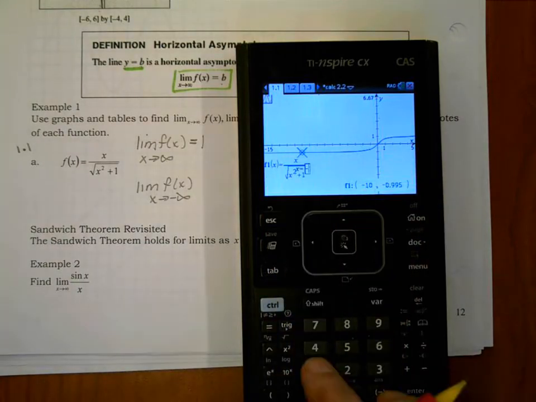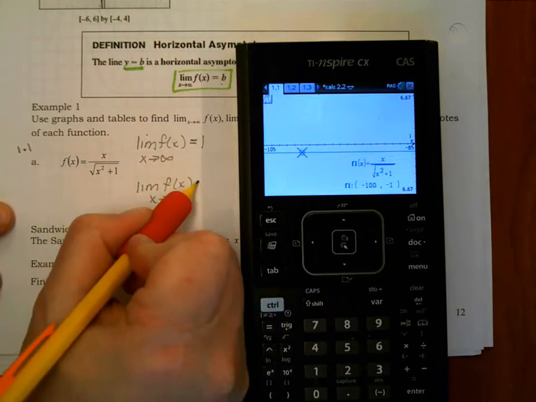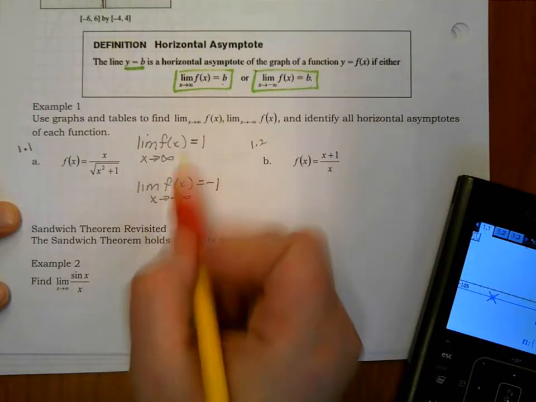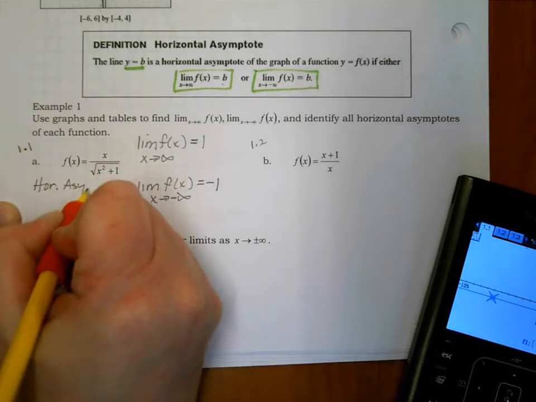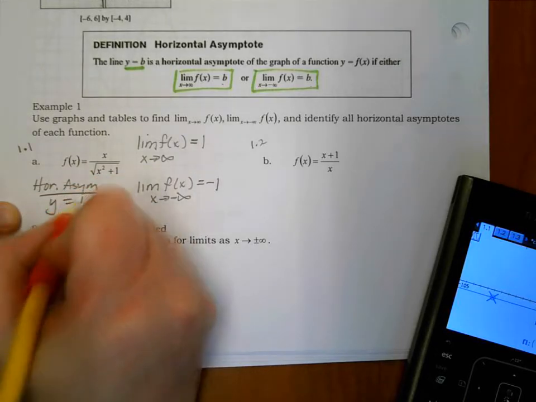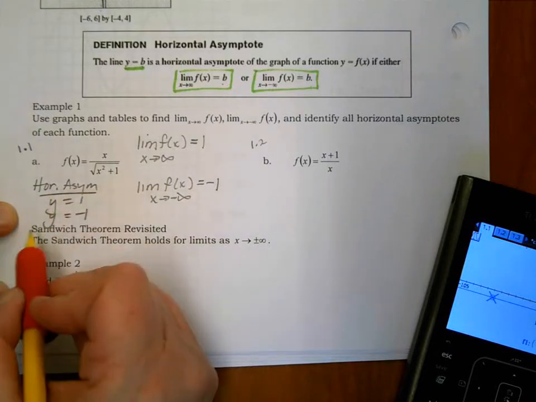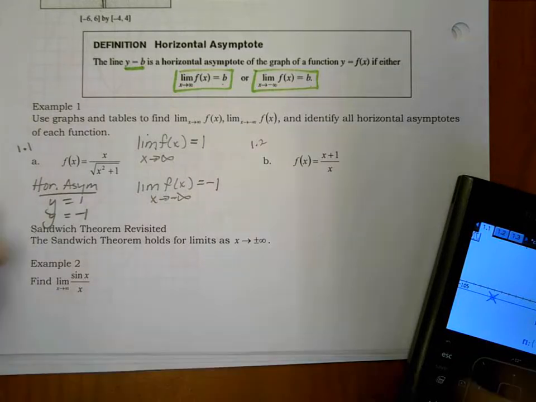Again, I could plug in negative 100, and there it is, negative 1. So this has two horizontal asymptotes, at y equals 1 and y equals negative 1. Make sure you're writing those as equations, not just saying 1 and negative 1. Those are equations for lines.